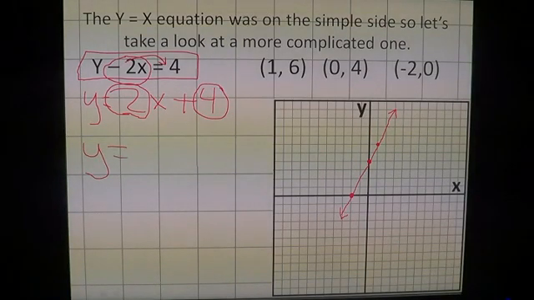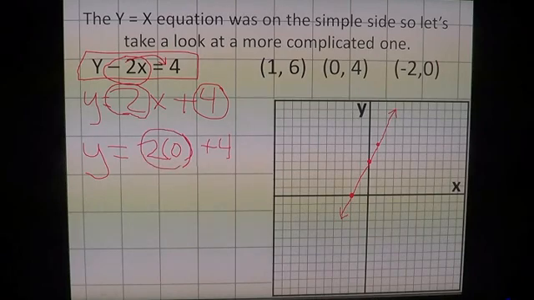I can say y equals 2x plus 4, and if x equals 0, I'll just plug in a 0 here. When any number is multiplied times 0, that itself becomes 0, and so y will simply equal whatever that b is. And so that's why that b is important. I'm not sure why it's a b, but maybe we'll find out one day.